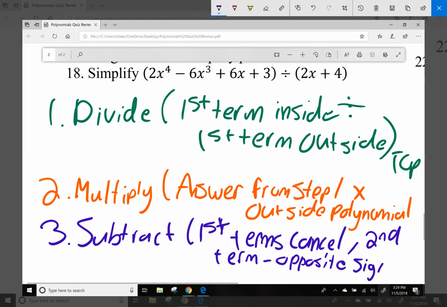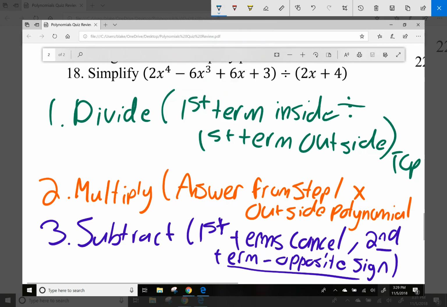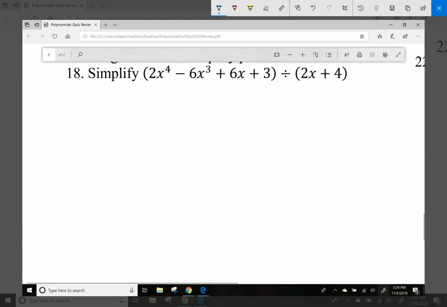Again, I'll explain that when we do a problem, but that's probably the thing that people make the most mistakes on. And then step 4 is just bringing down the next term. So I'm going to erase this because I need this space to work the problem out. This problem is going to be a long one, so I'm going to try my best to write kind of small so it all fits, but let's give it a go.